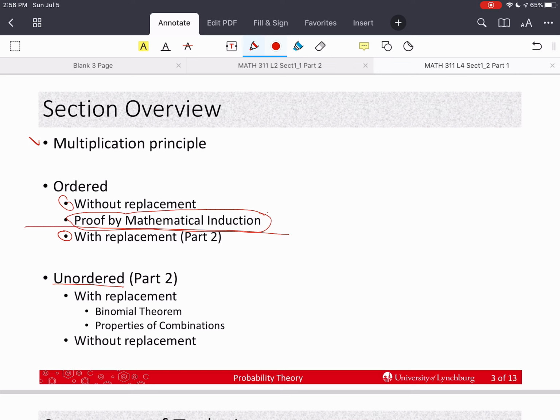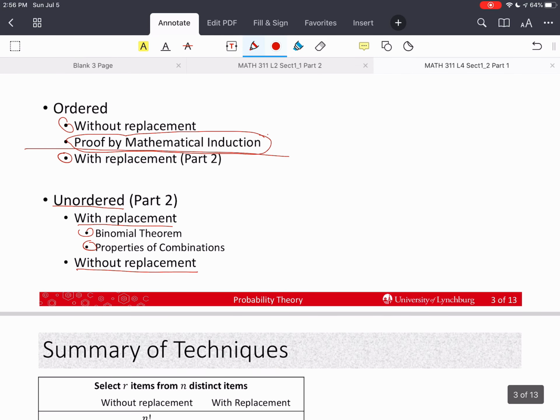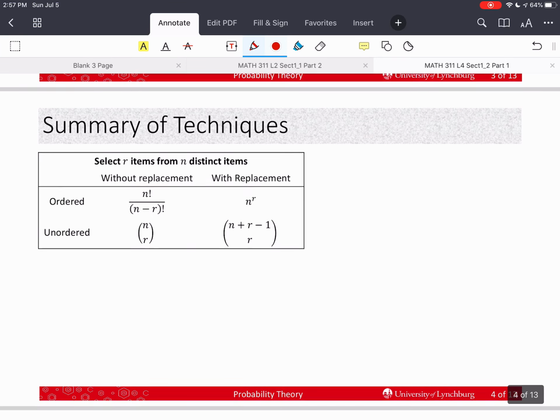We just want unique subsets of things. And so we can do that again with replacement or without replacement. If we're doing it with replacement, then we can talk about the binomial theorem and we can talk about properties of combinations. All right. So let's get started. But all of this will be in the next lecture, which will finish up section 1.2.